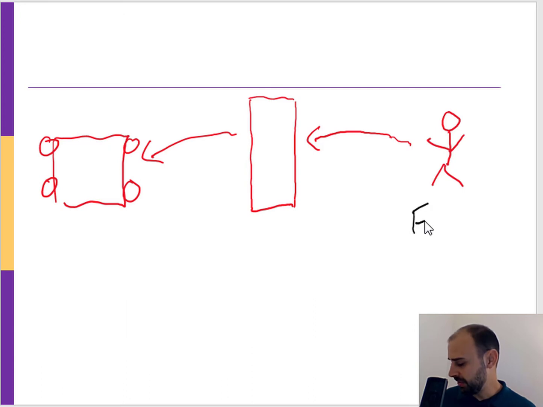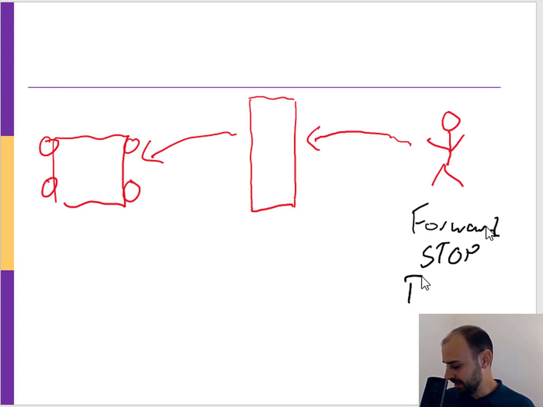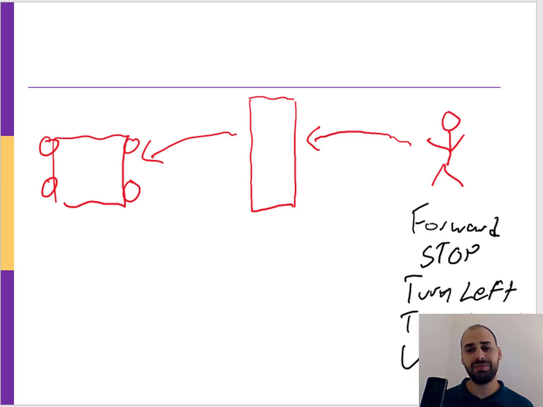They can use forward, they can use stop, and they can use turn left. They can use turn right, and maybe they can use U-turn as well.